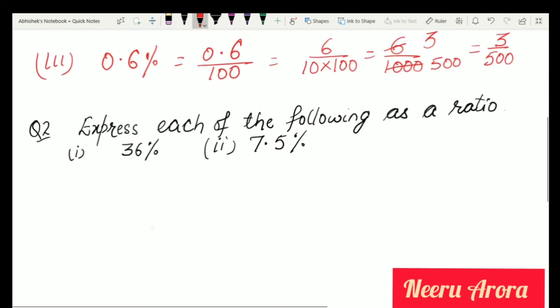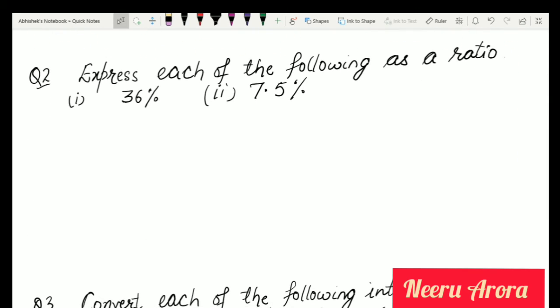Now look at the second question. Express each of the percentages as a ratio. We want to convert this given percentage into a ratio. Again, we remove the percent sign and divide the number by 100.